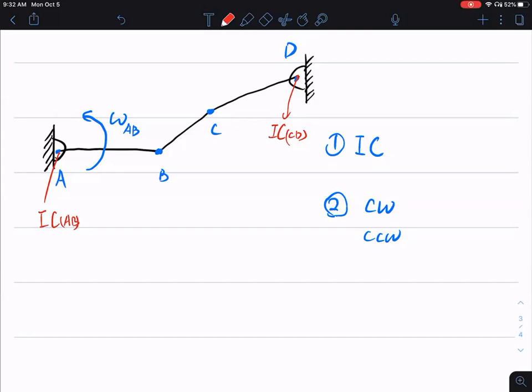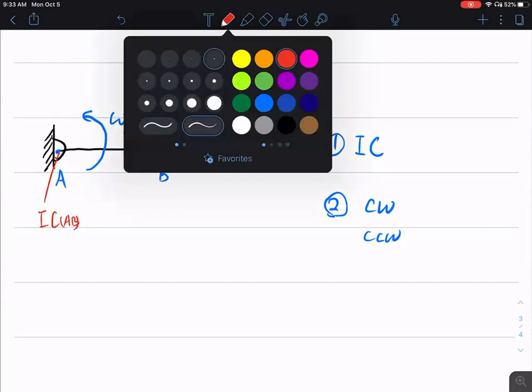Raise your hand if you already found the instant center for BC. Okay, we have 4, 5. All right, so we have 6 steps that should be in your notes on how to find the instant center. Make sure you have your cheat sheet. You can write that down on your cheat sheet to help yourself during the exam. But let's do a review together.